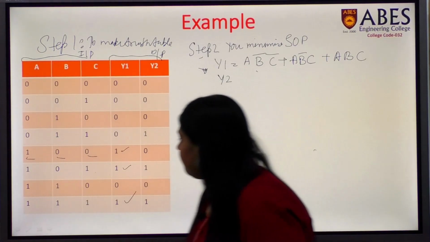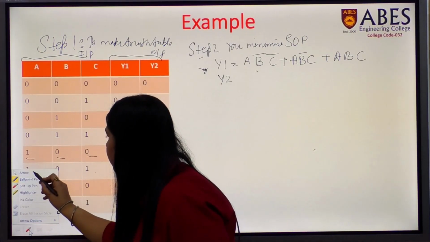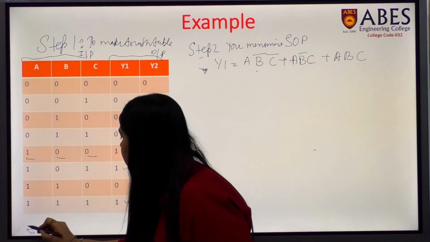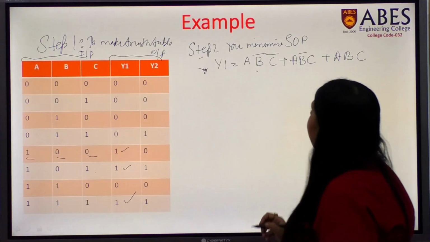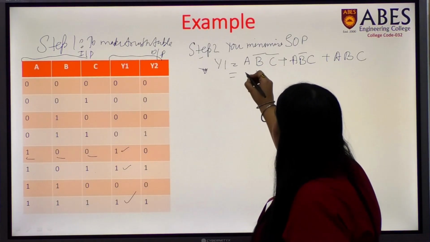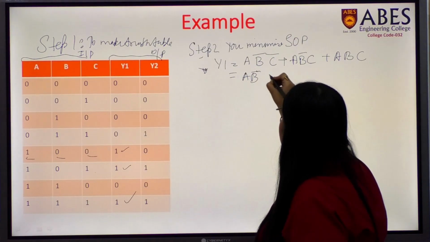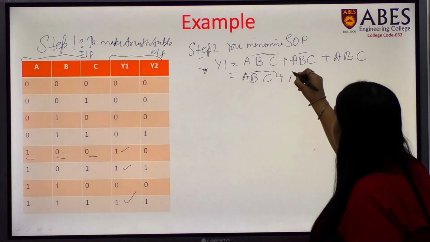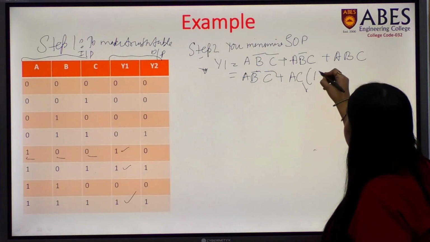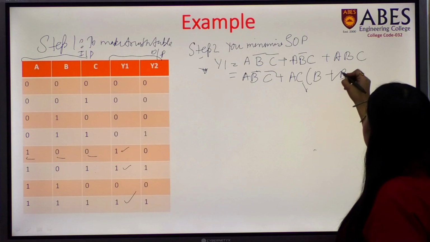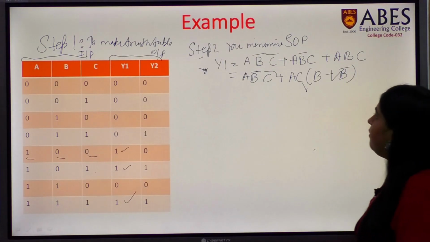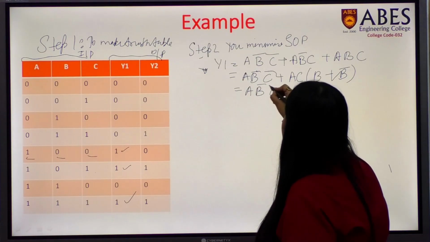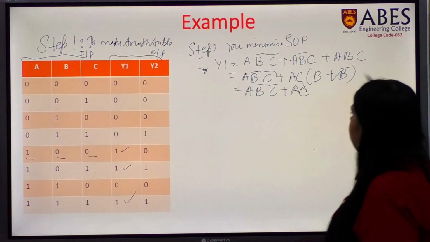So by using Boolean algebra laws, we are going to minimize this expression. From these two minterms, I am taking AC as common, and we will get B plus B bar. What is B plus B bar? B plus B bar is 1. So we are left with A B bar C bar plus AC.